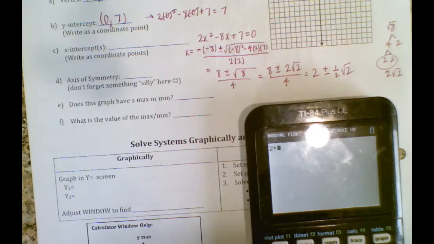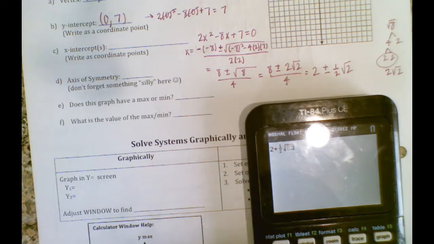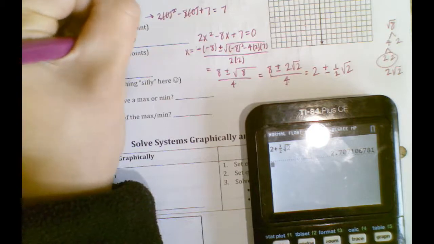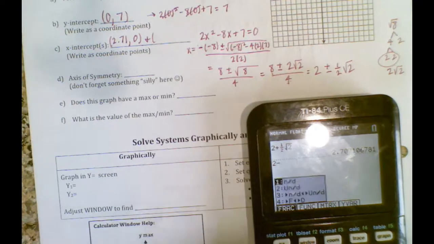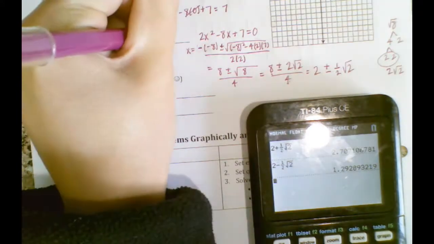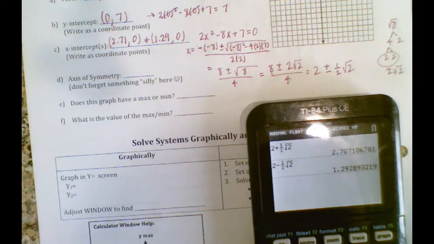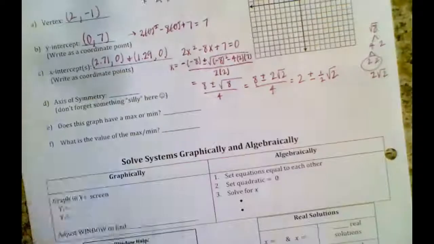All right, so 2 plus 1/2 square root of 2, I have 2.71, and I have 2 minus 1/2 square root of 2, which is 1.29. Sorry, just making sure I typed that in right.